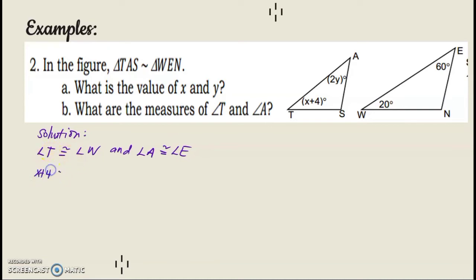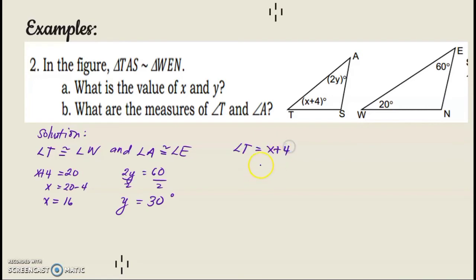So, x plus 4 is equal to 20. So, solving for x. So, x is equal to 20 minus 4. So, x is equal to 16. Okay? Si y naman, so 2y is equal to 60. So, divide both sides by 2. Therefore, y is equal to 30 degrees. Okay? So, to solve for angle P is equal to x plus 4.